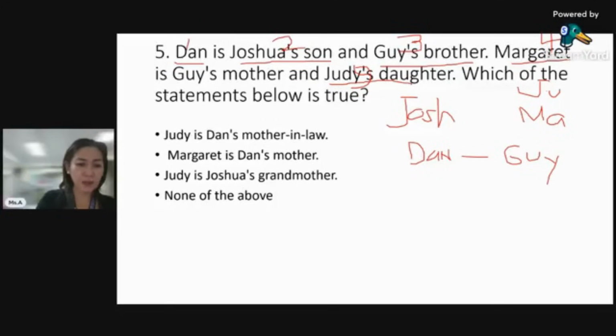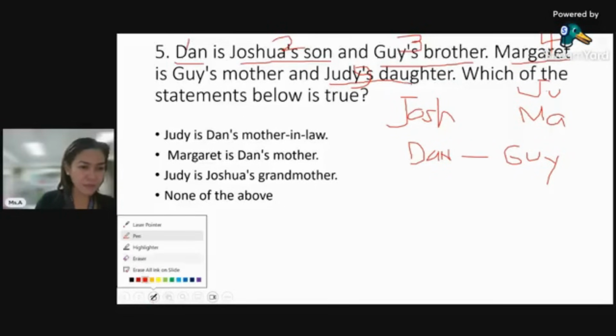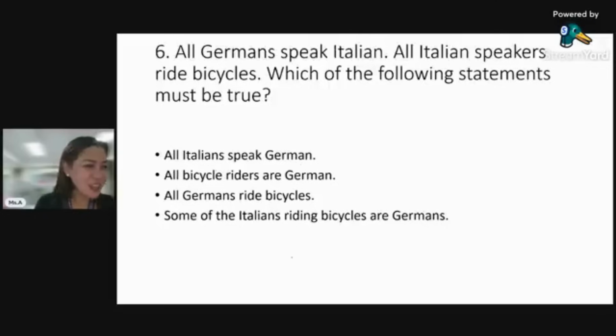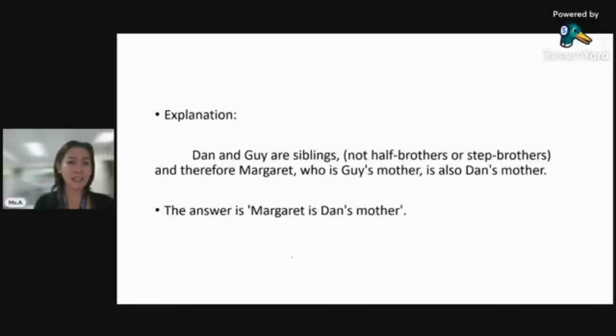Teka po, tanggalin ko lang, burahin ko lang yung ito po. Okay na. Screenshot done. Okay. Tsaka dito po yung pinakang explanation po niya.